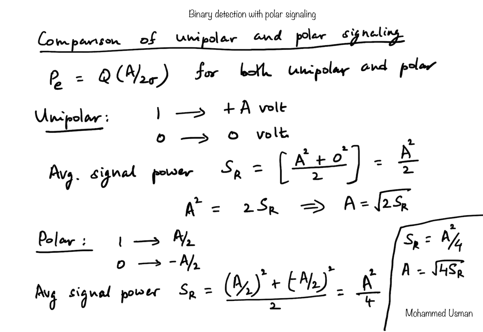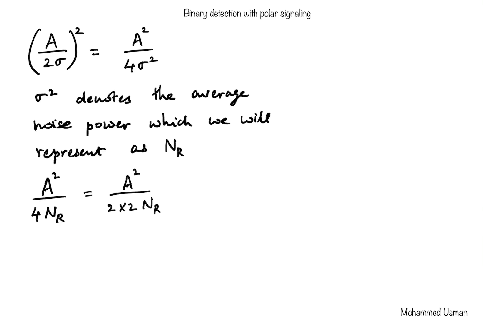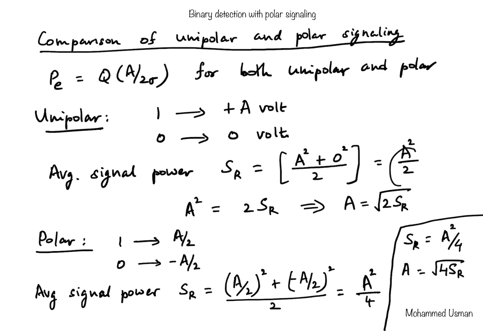And if we go back and see from the previous page, this A square by 2 is representing the signal power for the unipolar case, and the A square by 4 is the signal power for the polar case. So that is equal to A square by 2.